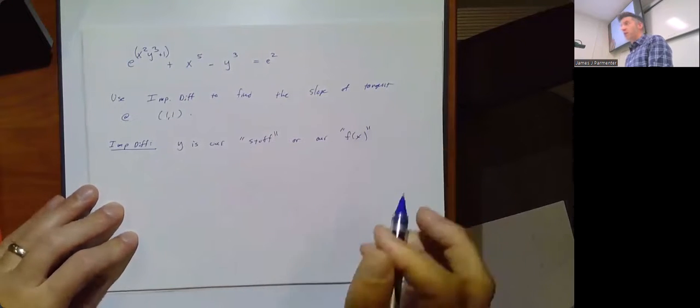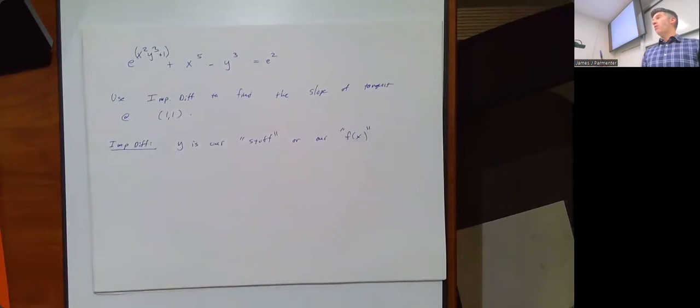So when we differentiate some stuff to a power, we get that power times our stuff to the lesser power. Then we use the chain rule and we multiply by the derivative of the stuff. We're always multiplying by the derivative of the stuff when we're using the chain rule, which we are always using when we're doing implicit differentiation. In fact, when you hear the words implicit differentiation, you should be thinking, oh, I'm using the chain rule all the time. Those go together.